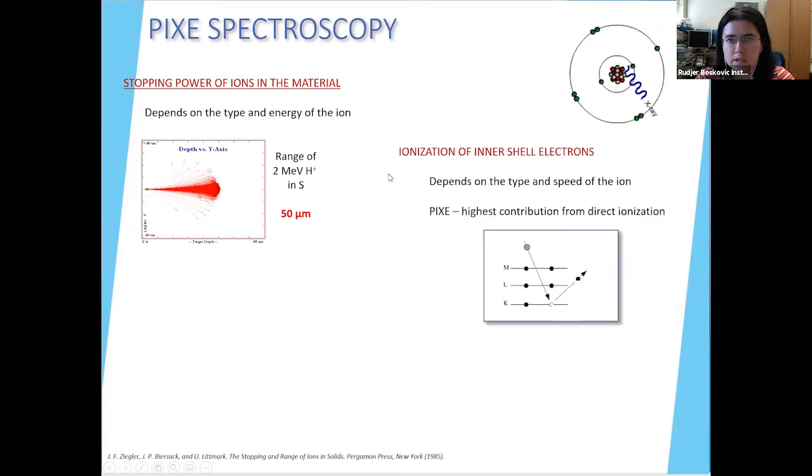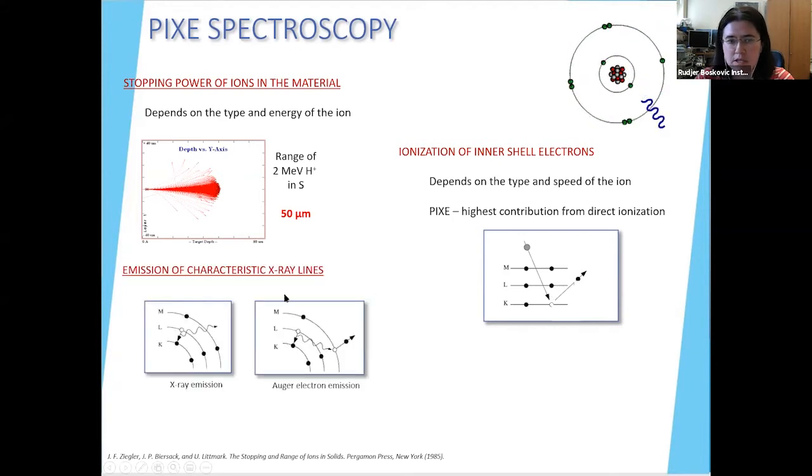The next step that is crucial for PIXE spectroscopy is the ionization of inner shell electrons. That means that your proton will interact with the inner shell electron. The electron will be kicked out, and you will have a hole in this inner shell.